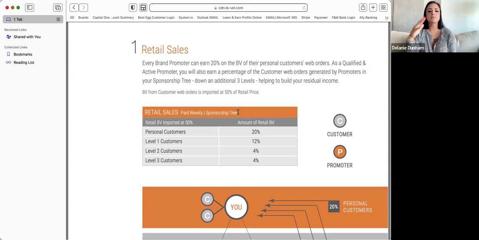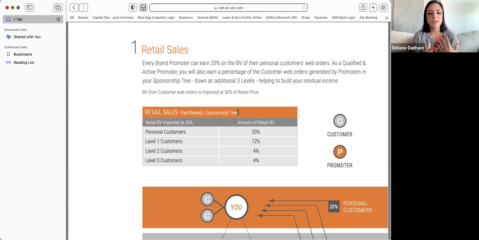But essentially, you're making 20% of your sales on your customers, right? So you sell a classic three-step system for $160. Now you're not making 20% of that 160, you're making 20% of what's called BV, which is bonus volume. It's basically the breakage in the comp plan. The company has to have a portion of the sale that they're making, and we have a portion.